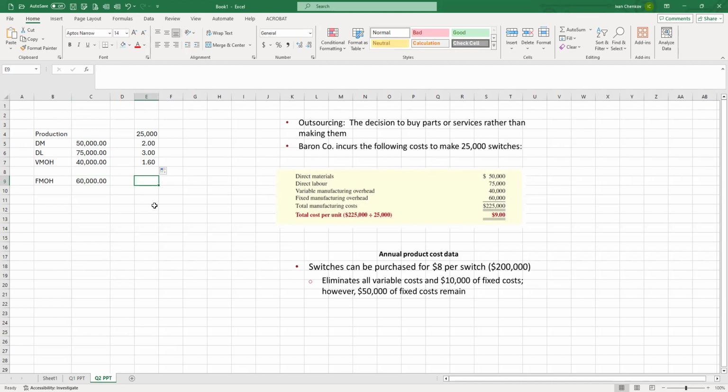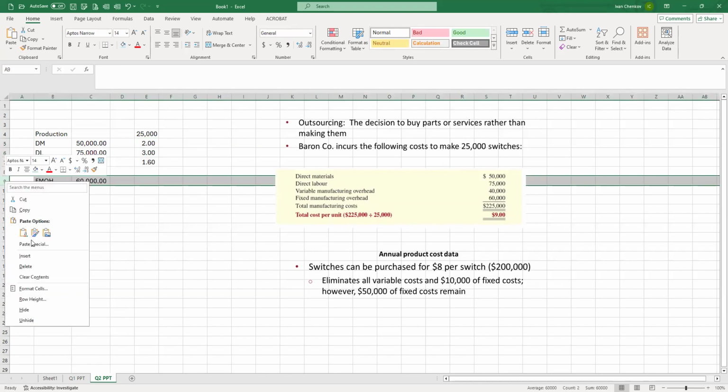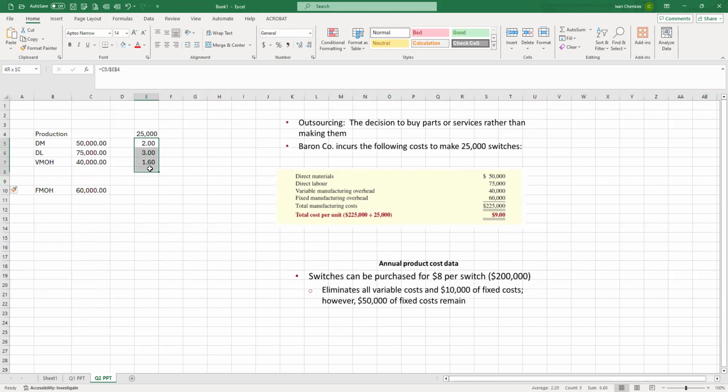No. Okay. So how much is my total cost? Variable cost only. At this point, my variable cost is $6.60, right? Now let's see. I can purchase it for $8.